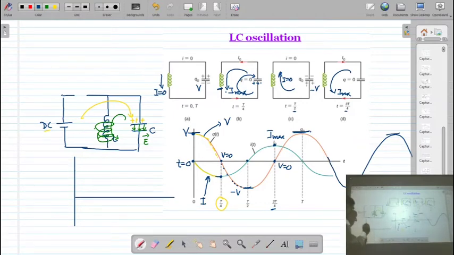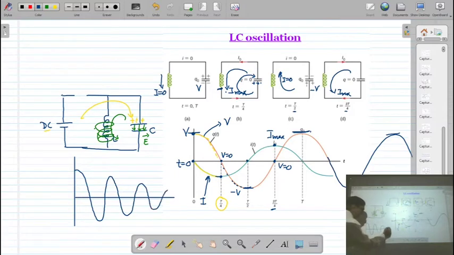Initially the amplitude is maximum, and then with the next cycle the amplitude is decreasing. Again after the next cycle it goes on decreasing, and after some time the oscillation will not be there. This kind of oscillation is known as a damped oscillation.